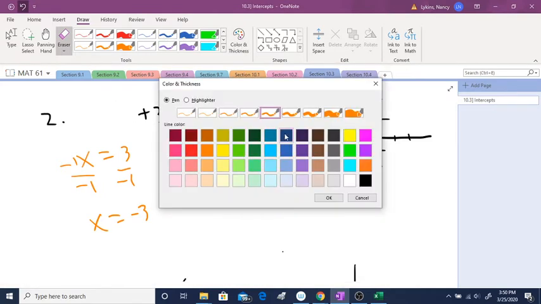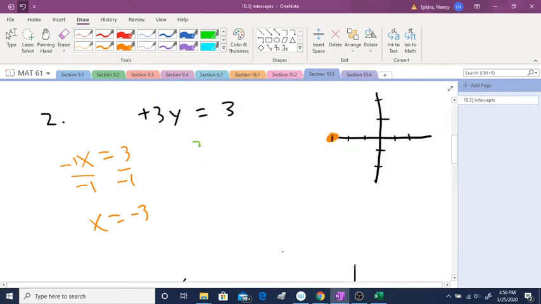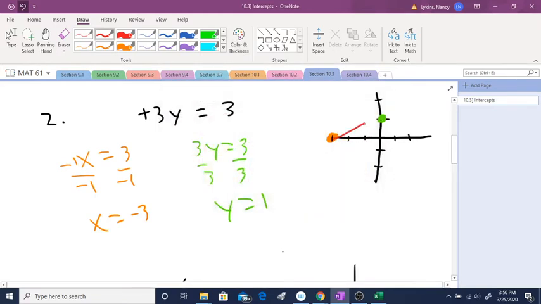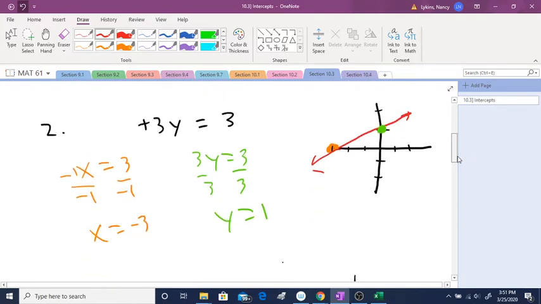So what is left is 3y equals 3. Divide by 3. Y equals, in this case, 1. So that kind of gives you a technique for the cover-up method.